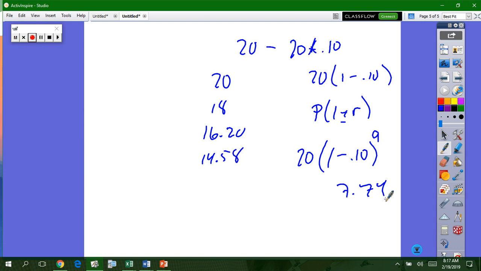Now raise it to the 9th power. Okay, that one you're not allowed to use on your test. All right, let's see the one that you're most likely to use. So, 1 minus 0.1, right? 0.9.